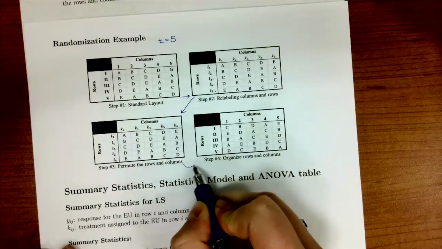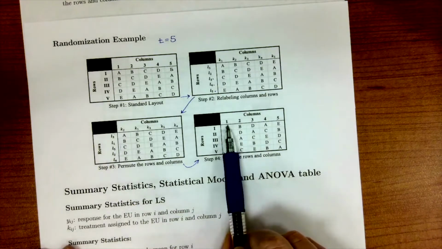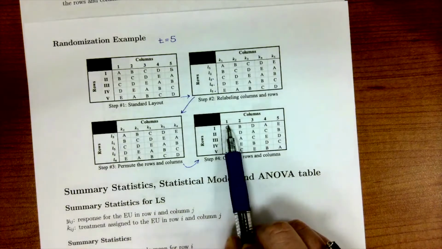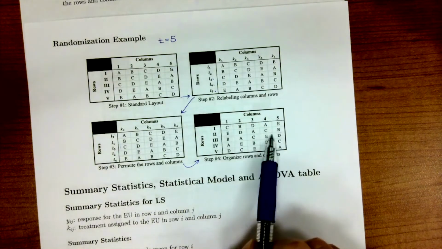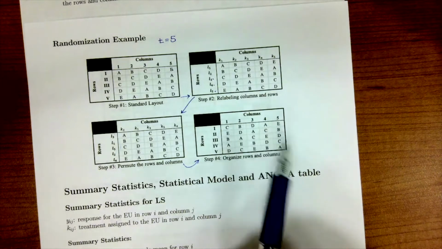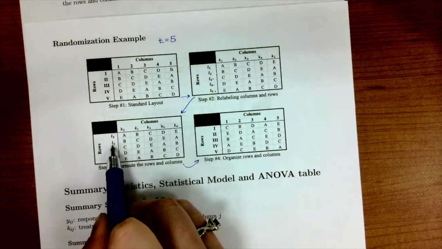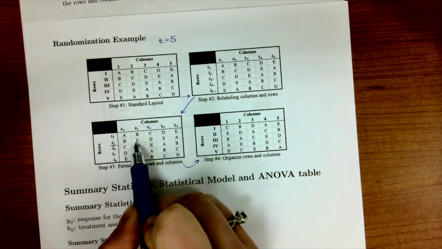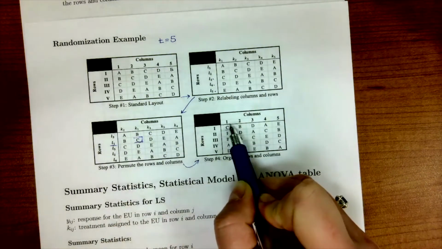Now, from step 3 to step 4, we just organize it by putting it back into a cleaner version: 1, 2, 3, 4, 5. Now you'll notice that the labels inside have changed. What they correspond to is row 1, so here's row 1. Column 1 is C, so this C is now here.